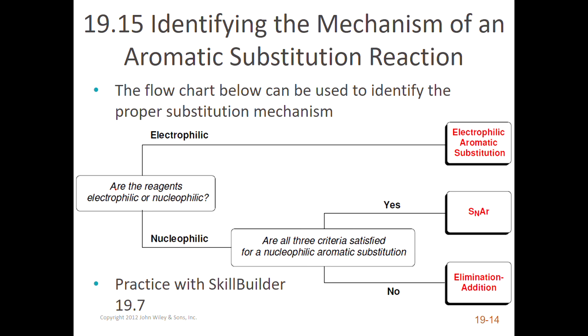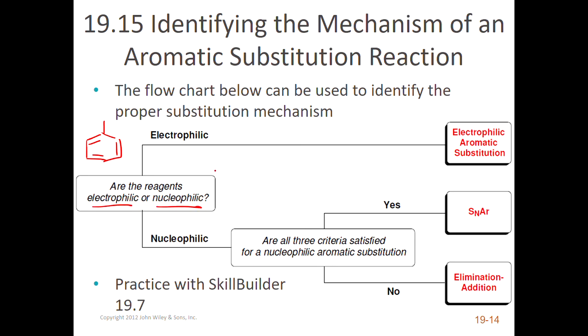All right, so here's a nice handy flow chart that helps you determine which mechanism is at play. When you have an aromatic ring, it doesn't have to be benzene. It could have things substituted on it. The first question you want to ask is whether the reagent this aromatic ring is reacting with, whatever substituents it has, is an electrophile or a nucleophile.